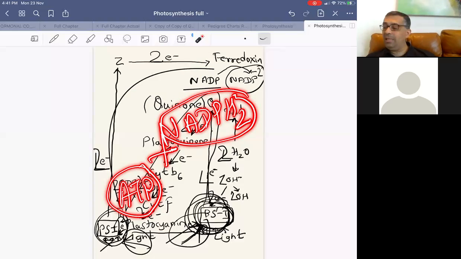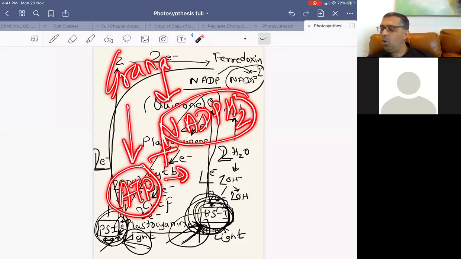And where are they formed? In the grana. And from grana, both ATP and NADPH2 will go in the stroma.